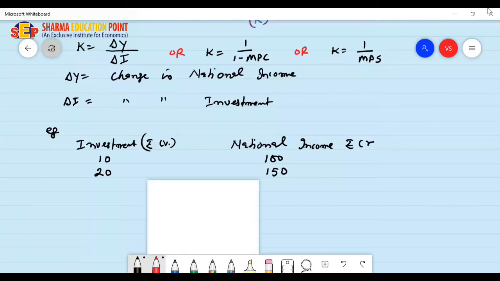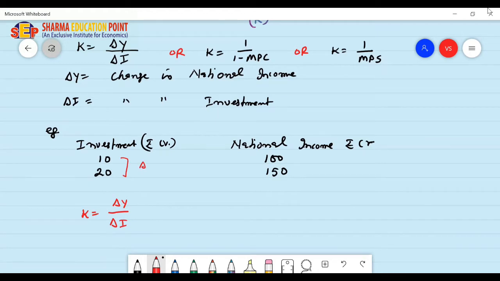I told you the formula is delta Y upon delta I. Delta I means change in investment. Initially your investment was 10 and it increased to 20, so in this example the change is 10. Likewise, delta Y: 100 to 150, the change is 50.